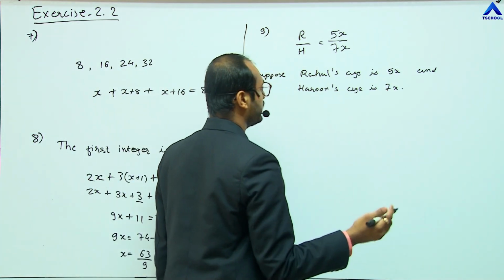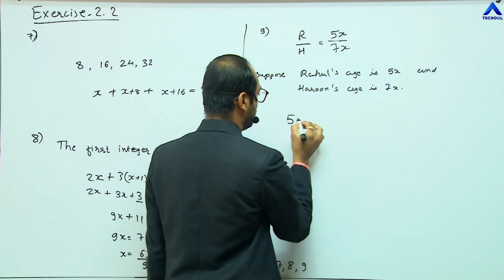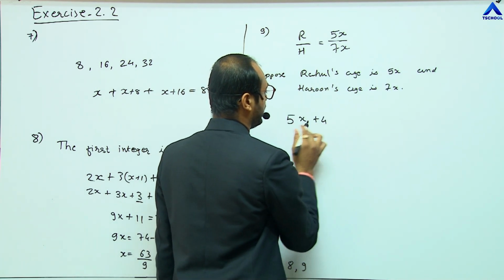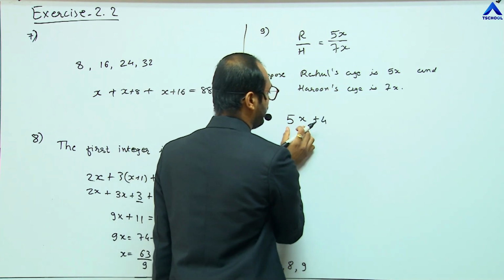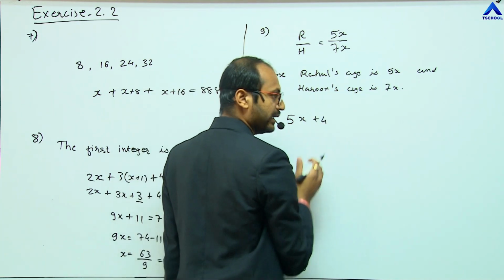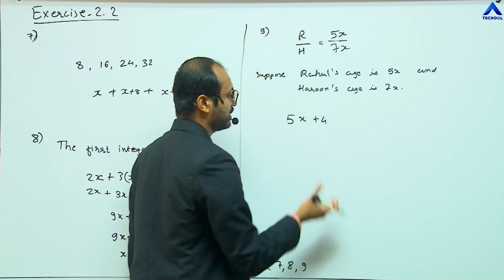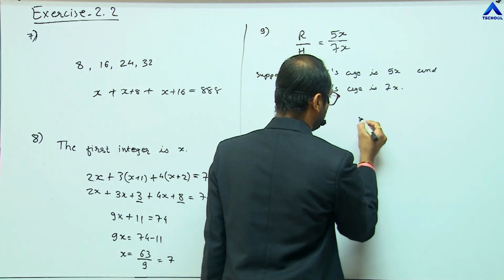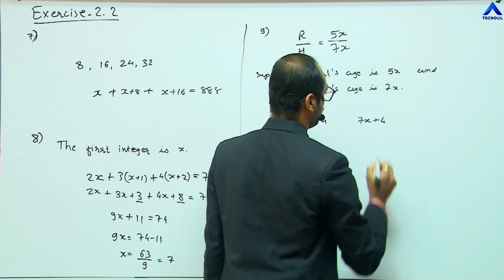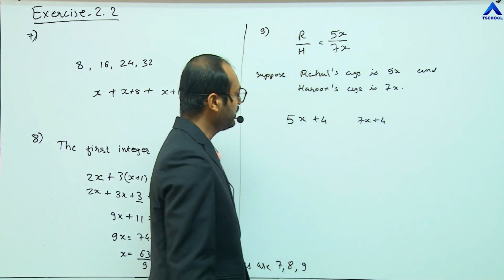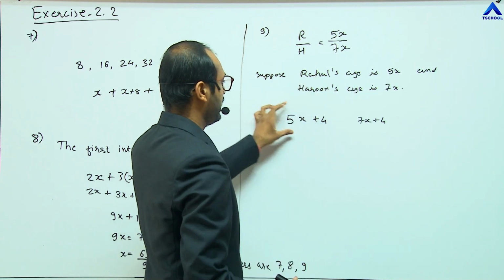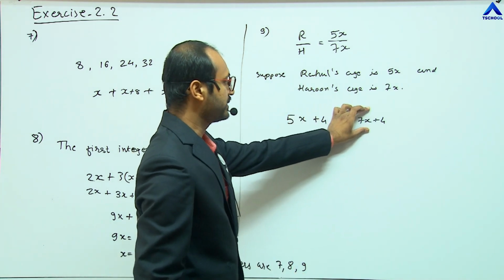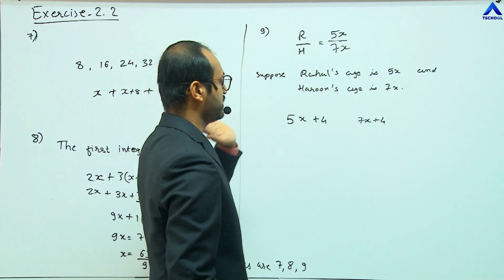So after 4 years means we have to add 4 years to the present age in both. 5x plus 4 is the age after 4 years, and 7x plus 4. Clear? 5x plus 4 is the next age of Rahul, and 7x plus 4 is the next age of Harun.